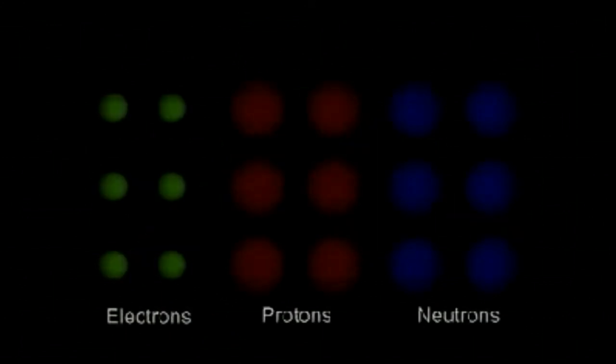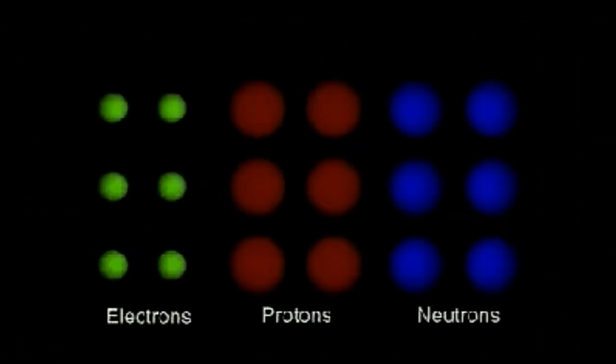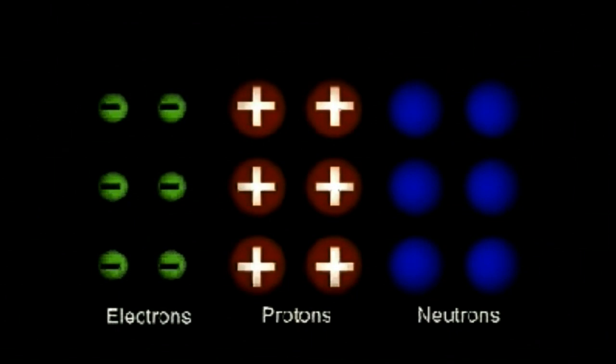If we could pull an atom apart into its components, we'd see that a neutral atom has the same number of electrons as protons, and it's the force of attraction between the positive and negative charges that prevents the electrons escaping. Each type of atom is identified by the number of protons and electrons it has.